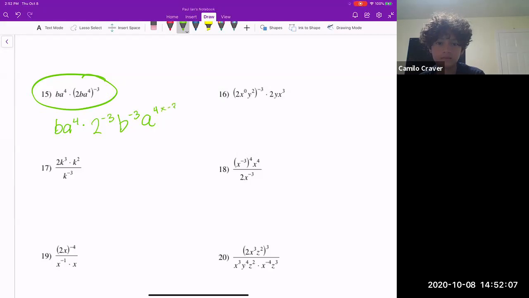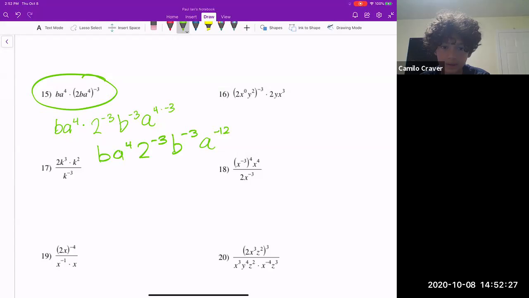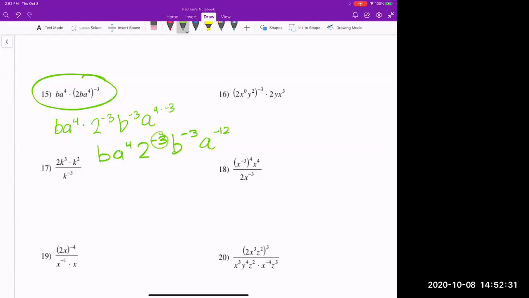Okay. So 4 times negative 3. So let's do some arithmetic. B to the negative 3, A to the negative 12. What's the next step? Put the negative 3s on the bottom and the negative 12. Awesome, yeah, that's good.